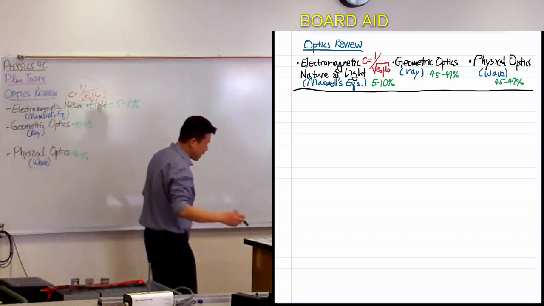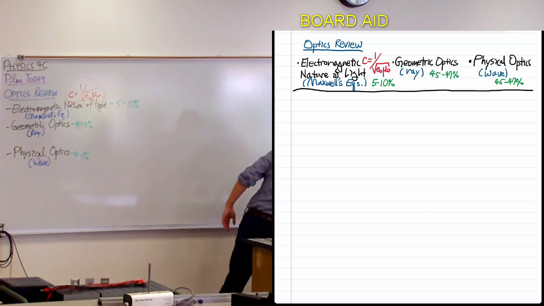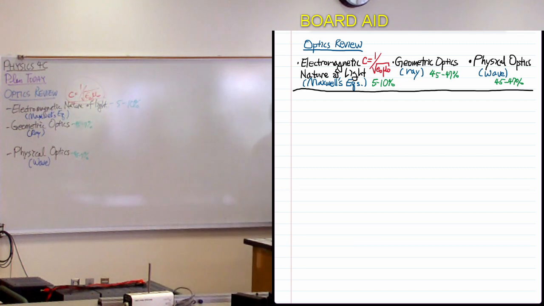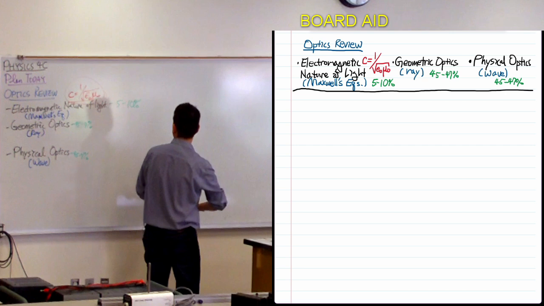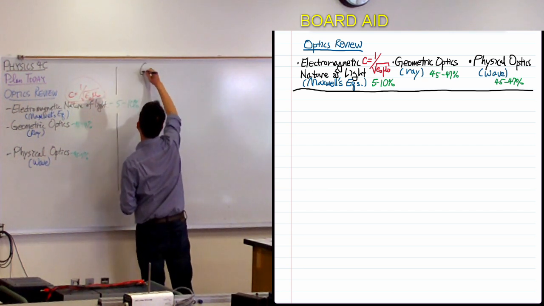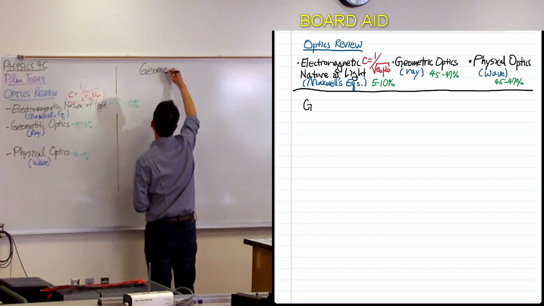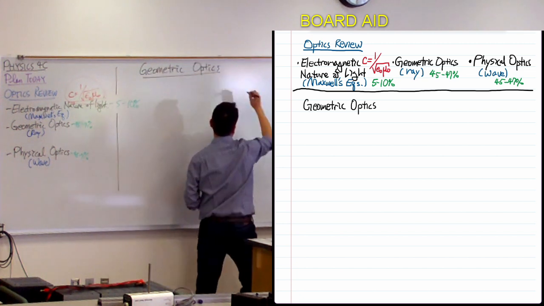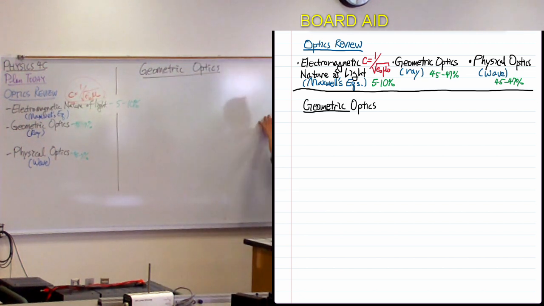Let me divide up the board so that I spend the remaining 15 minutes or so reasonably productively. Since I'm telling you they are about at equal level of importance, let me divide up the board equally into geometric optics and physical optics.